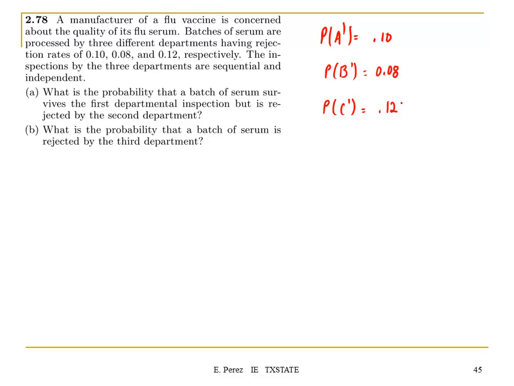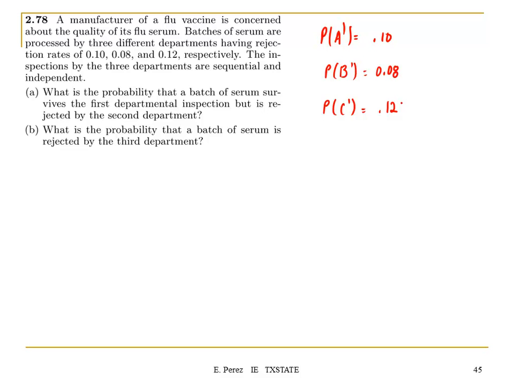So I'm using the complement to denote rejection, but you don't have to use the complement. You can use probability of A to denote the rejection, and then the probability of acceptance will be the complement. So don't get confused by the notation.